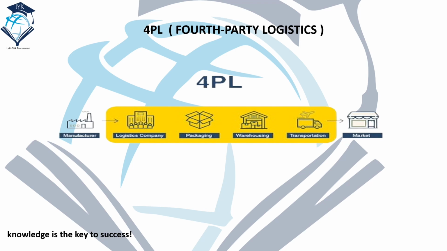The 4PL assembles and manages all the resources, capabilities, and technology of the organization's supply chain and its group of providers. An experienced and reliable 4PL service provider will bring value and a re-engineered approach to your organization as it will manage the logistic process regardless of what carriers, forwarders, and warehouses are used.